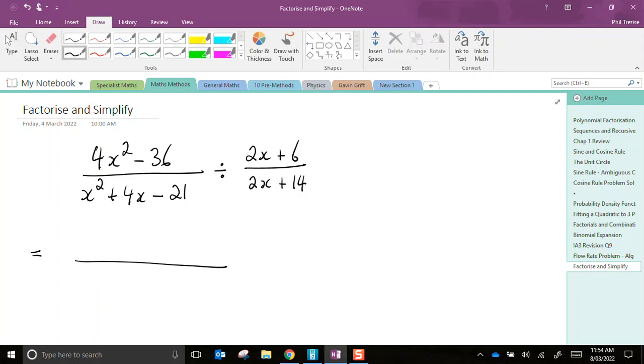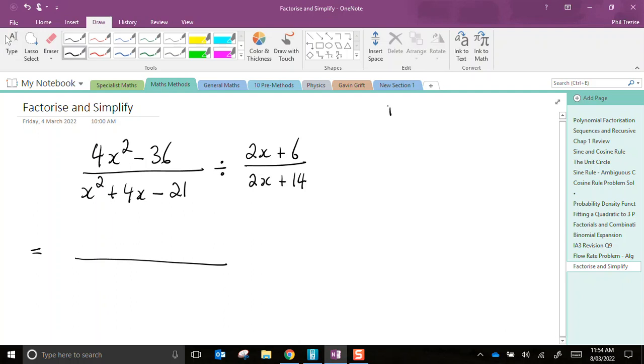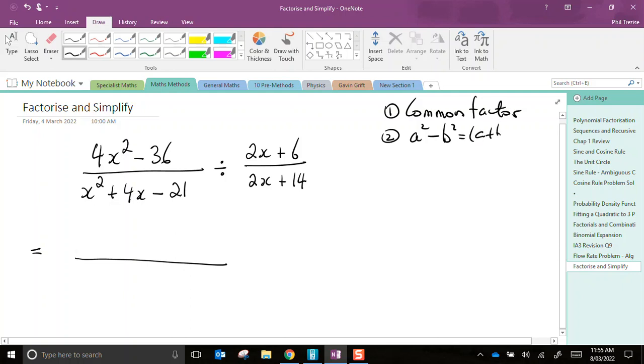When factorising, my advice is always to first look for a common factor. If you can find a common factor, that will simplify your working from there on down. Next, I would look for something like a difference of two squares, a squared minus b squared, and we all know the rule that becomes a plus b, a minus b.